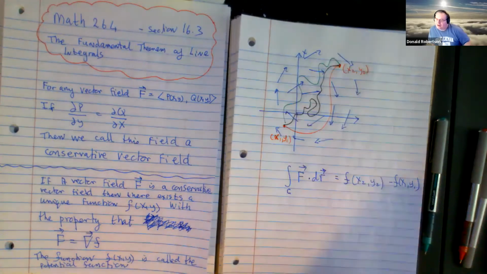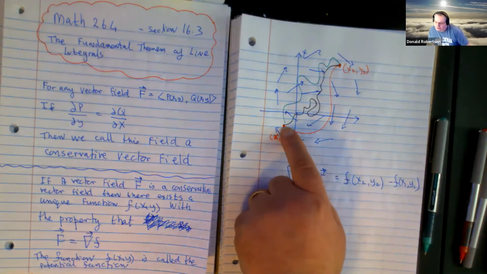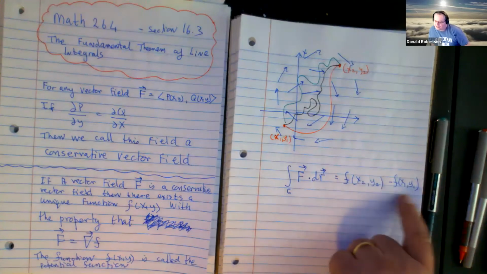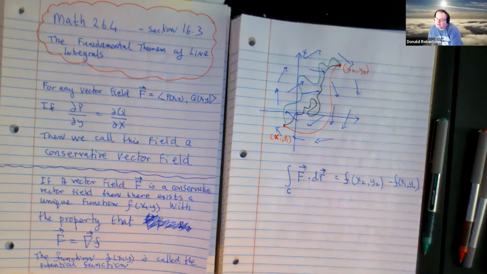Doesn't matter actually what curve you take. All that matters is where you started and where you finished. So the difference in the potentials is the answer. Kind of cool.